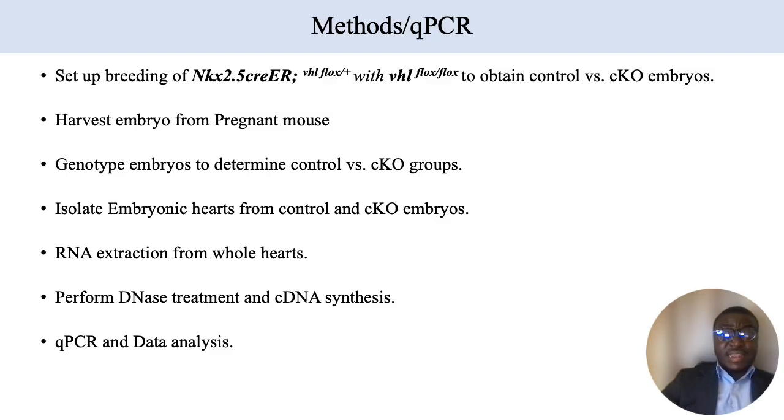We then isolated embryonic hearts from these groups, performed RNA extraction on the hearts, and then performed DNase treatment and cDNA synthesis. After synthesizing our cDNA, we use it for qPCR, and that is going to give us the mRNA levels of HIF1 alpha, SOX17, and APJ expressed in the embryonic hearts.